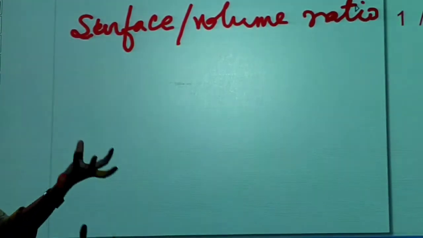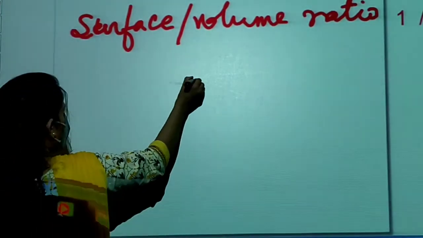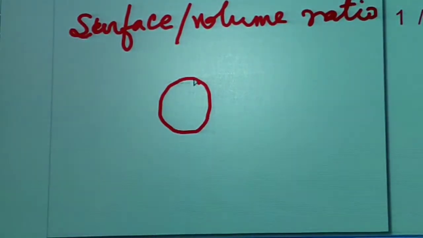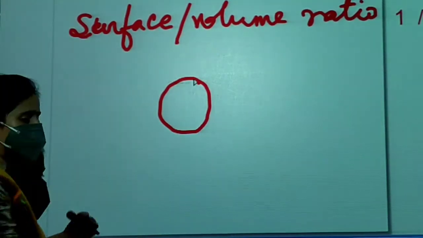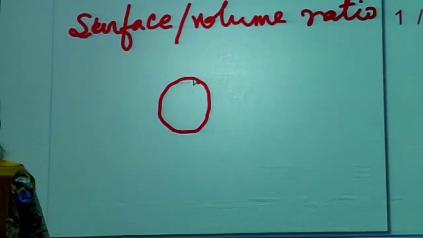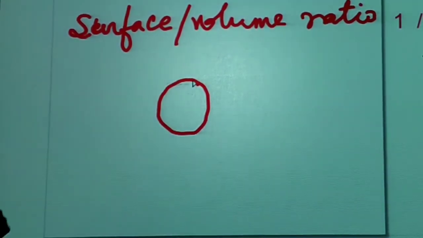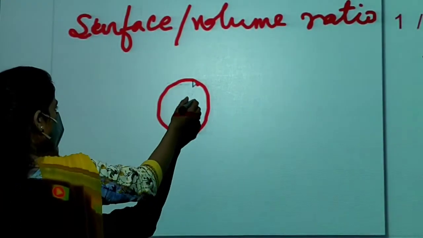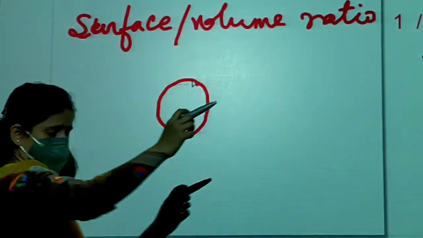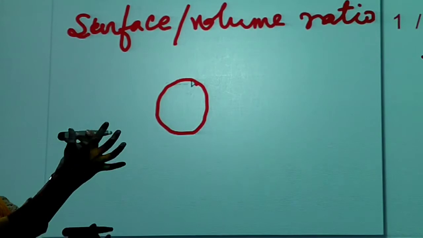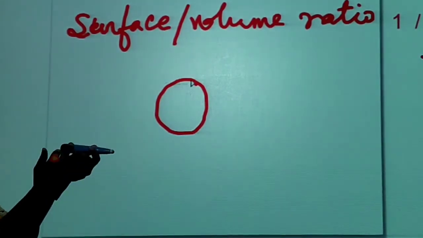Similarly, the smaller the size of the cell, the better, because it ensures greater diffusion in and out of substances, the in and out movement of substances. Why? As I told you, a bigger cell has only this surface area exposed.